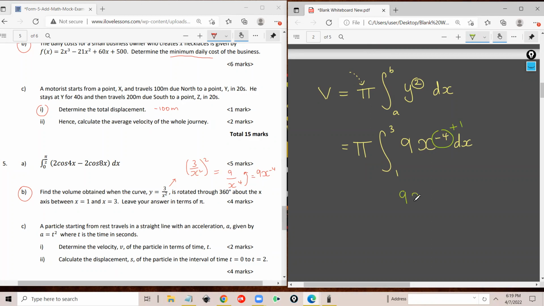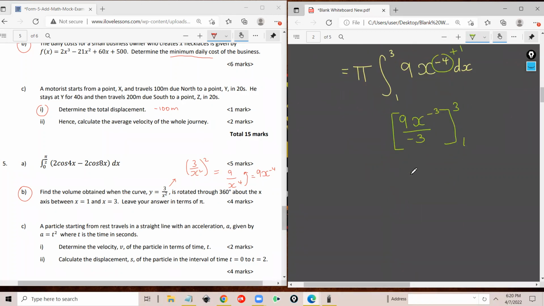So it's 9 over minus 3 times x to the power minus 3. I will simplify that as much as I can. 9 divided by minus 3 is minus 3. And I really don't like how I have this x to the power minus 3, so I'm just going to throw it underneath, and the power is going to become positive, sorry.